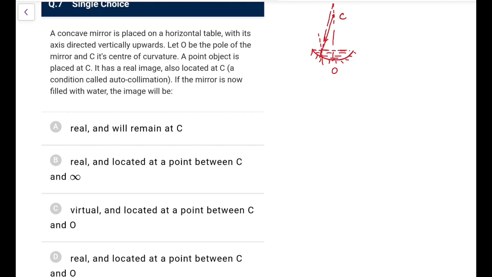So the object is shifted upwards beyond C, so the mirror will form an image that would be between F and C, somewhere here. So definitely the image will not be at C for sure.